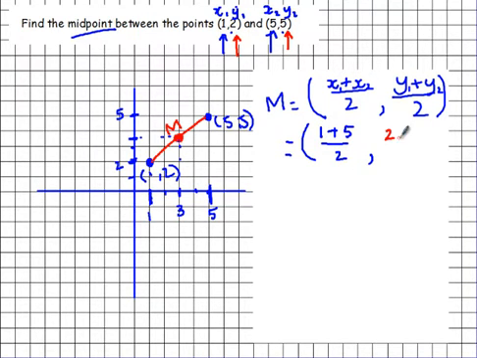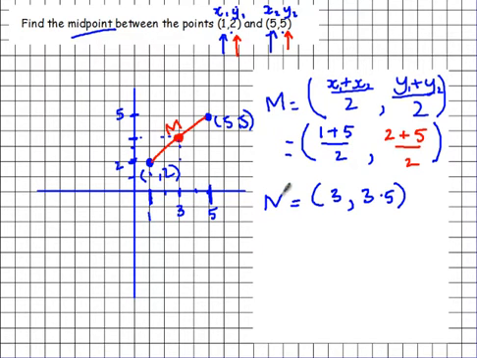So I'm going to go 2 plus 5, then halve it. Now you can go to your calculator here, or you can just do this in your head. 1 plus 5 is 6. Half of 6 is 3. 2 plus 5 is 7. Half of 7 is 3.5.